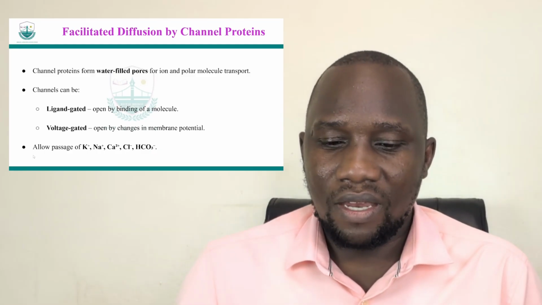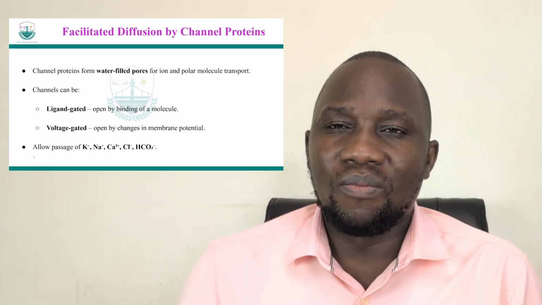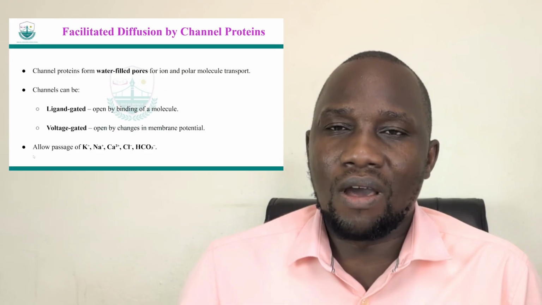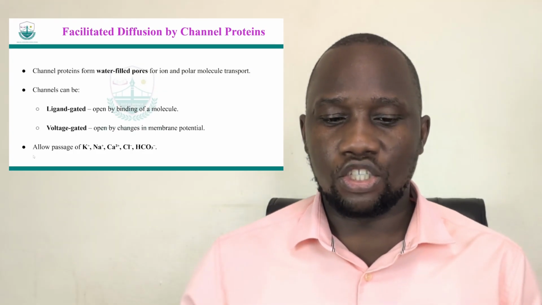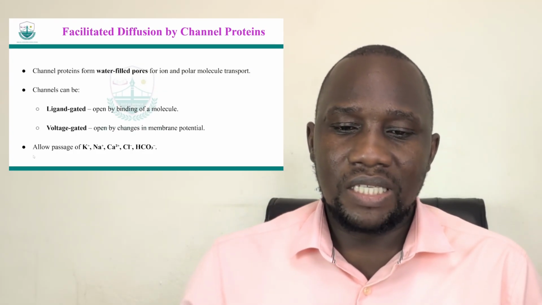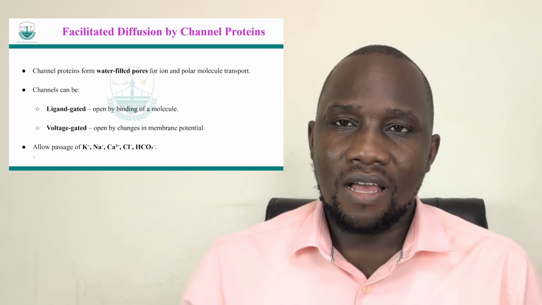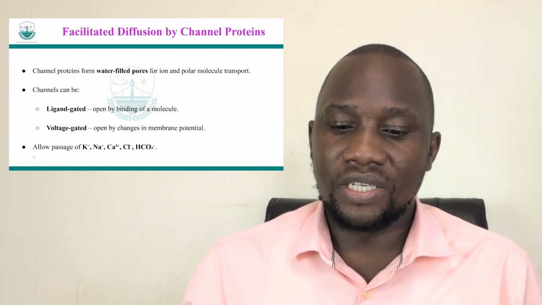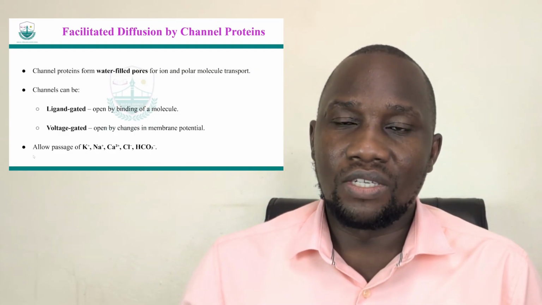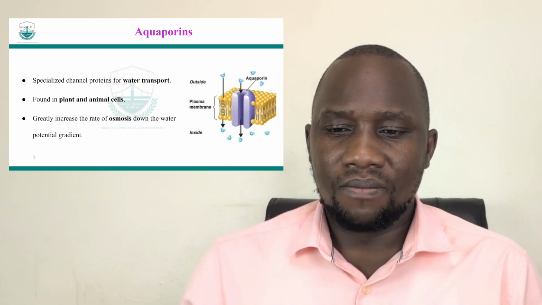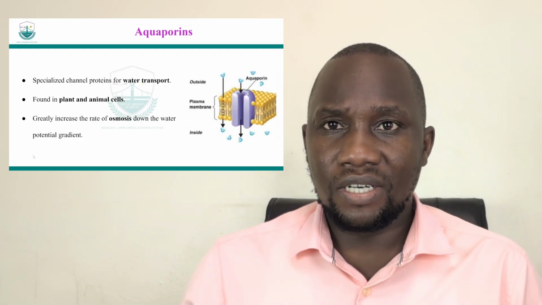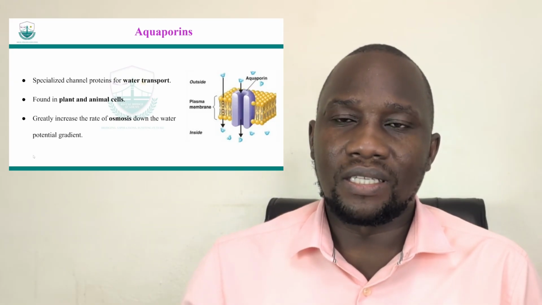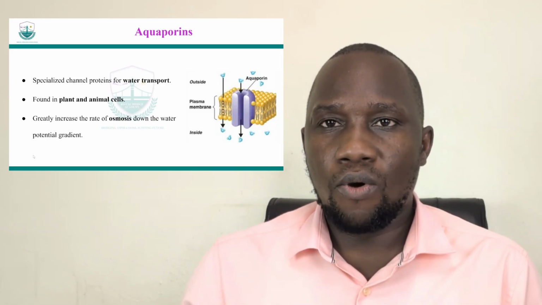And then others can only open when there is an impulse, where you have a change in membrane potential. And therefore, these channels are very important for ion movement: chloride, potassium, calcium, and hydrogen carbonate ions. In plants, for example, we have special proteins that we call aquaporins.